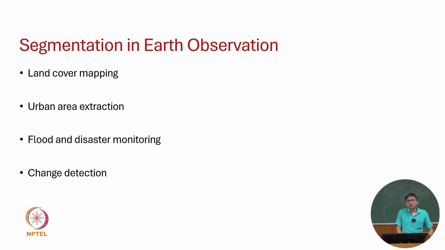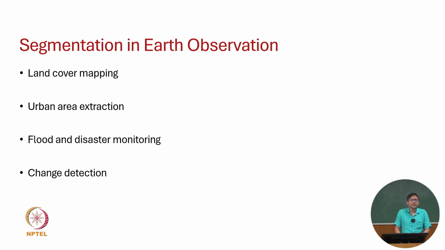This is even more prominent when we talk about flood monitoring. Let's say flood monitoring in the urban context, where there may be some alleys which are flooded, and the next alley is probably not flooded due to the complexity of the spatial arrangement.